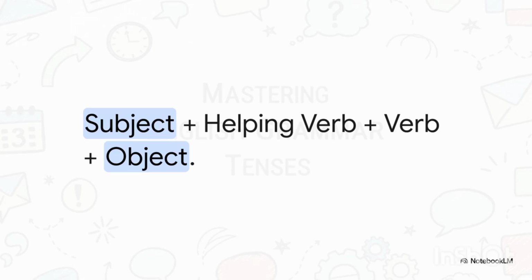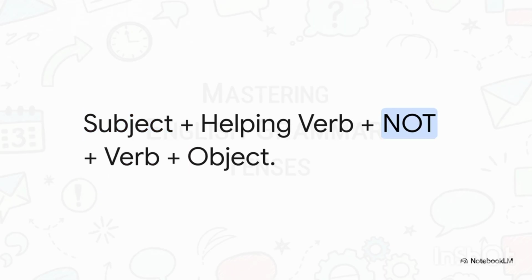But, and you definitely want to pay attention here, there are two fascinating exceptions to watch out for. In present indefinite and past indefinite affirmative sentences, the helping verb actually drops out completely. Boof, gone. You just place the subject right next to the modified main verb, so keep an eye out for that.